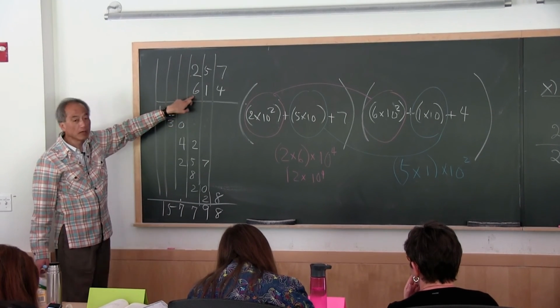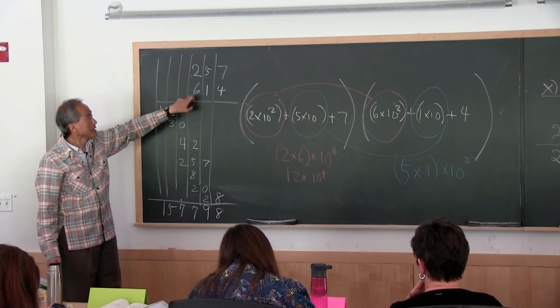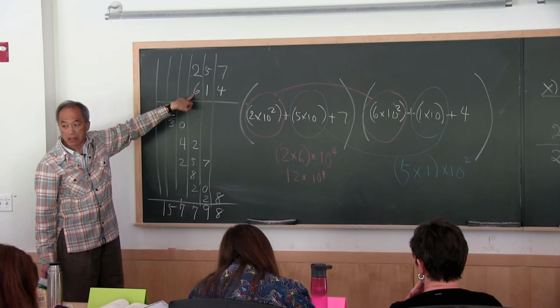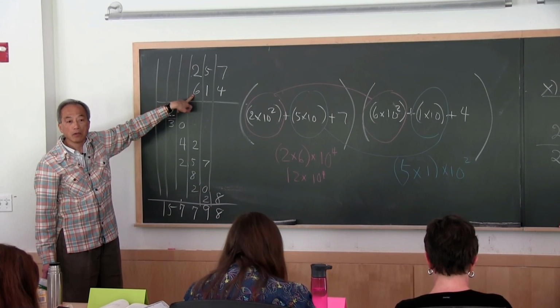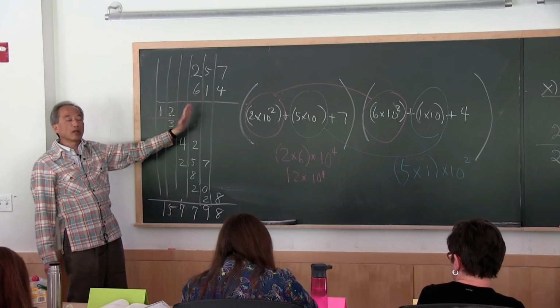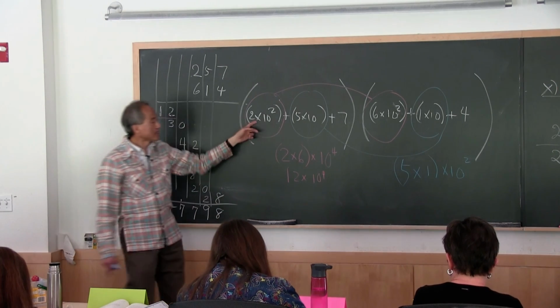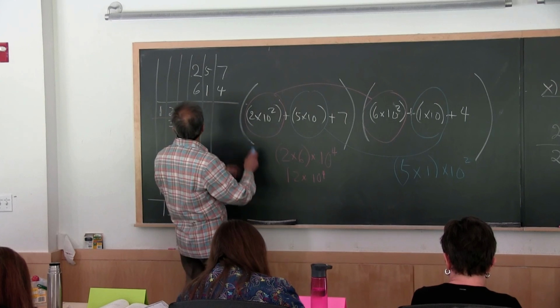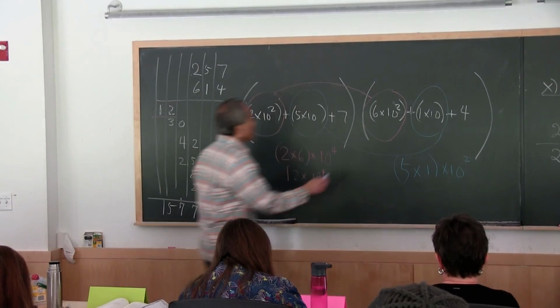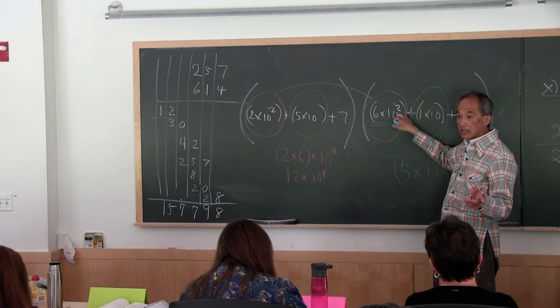Let me repeat: the instruction of this particular method is that when you multiply something in the hundredths digit, you shift the whole result 2 columns to the left. Why is that? Because the 6 is not 6. It's 6 times 10 squared.